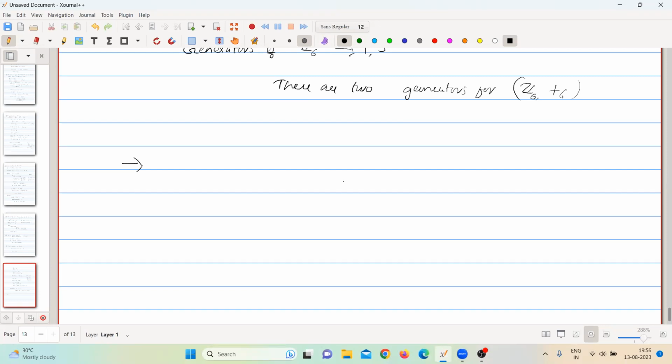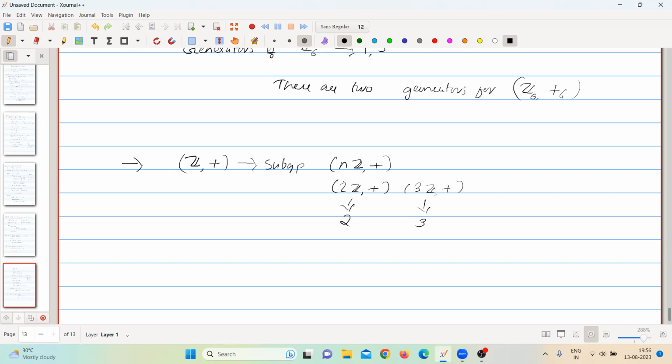For example, if (Z, +) is given, all the subgroups will be in the form nZ with addition. We have already seen 2Z, 3Z, and so on. 2Z is generated by 2, 3Z is generated by 3, and so on. Here Z is a cyclic group, so its subgroups will be generated by the elements in Z.